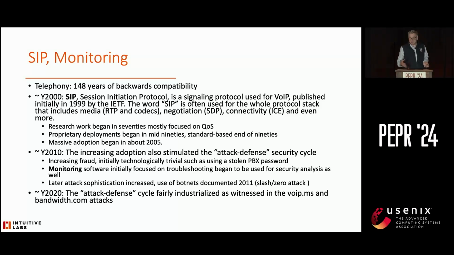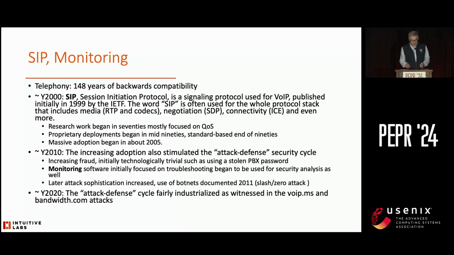The security aspect became important around 2010, when voice over IP began to emerge and serve millions of customers worldwide. There were some very naive attacks, mostly stealing the administrator password for a PBX and then making phone calls to premium 900 numbers owned by the attacker.